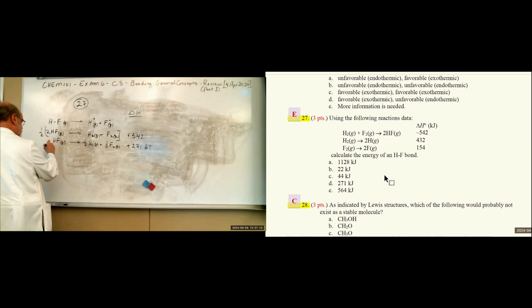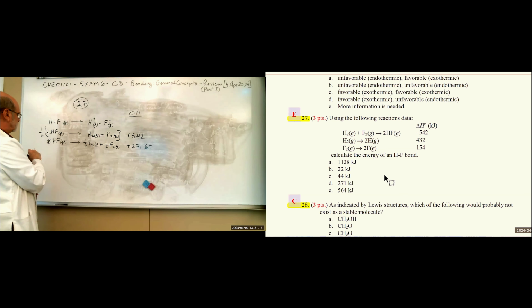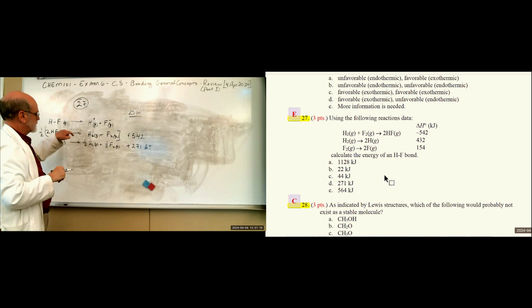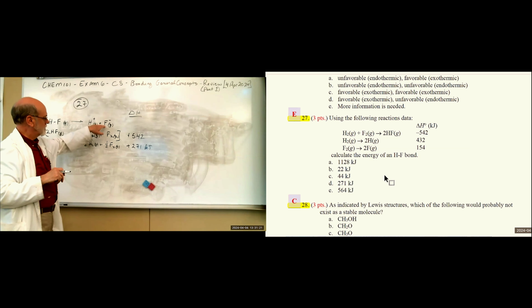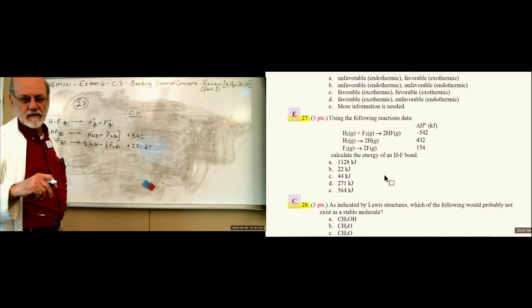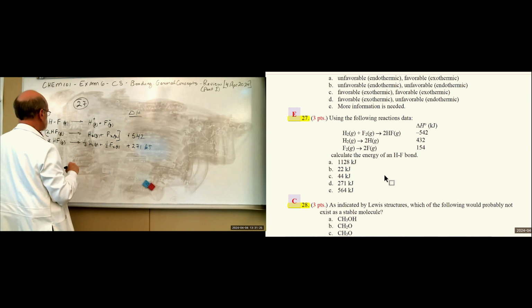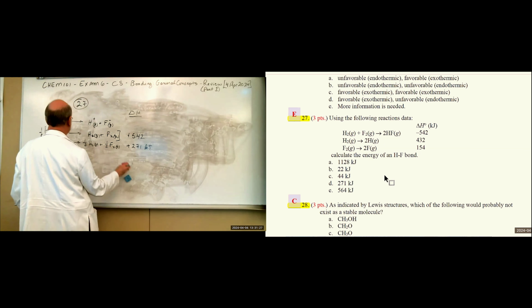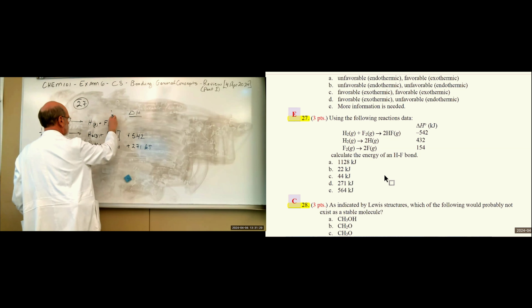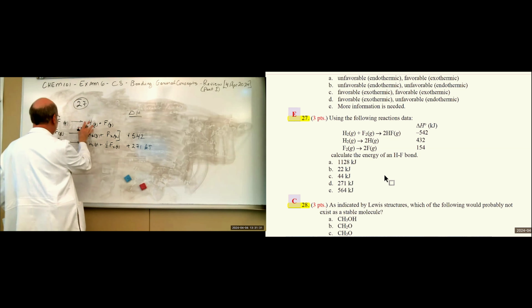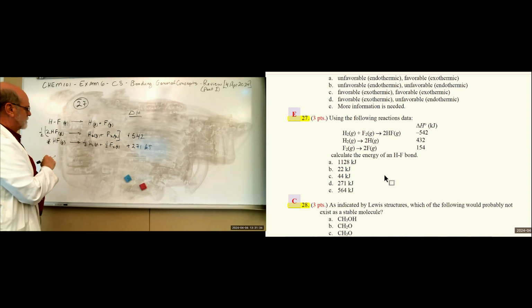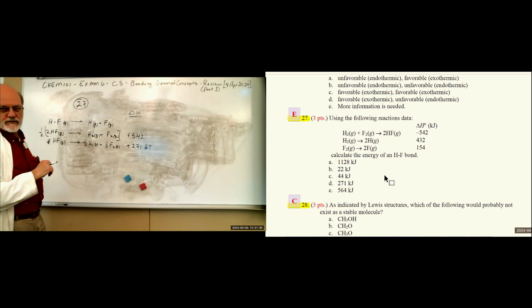So we're going to use this one right here to take care of the HF side. Now we need to do the H plus and the F minus. Actually, that's not right. We're not forming ions here. Those are free atoms. Yeah, they're free atoms.